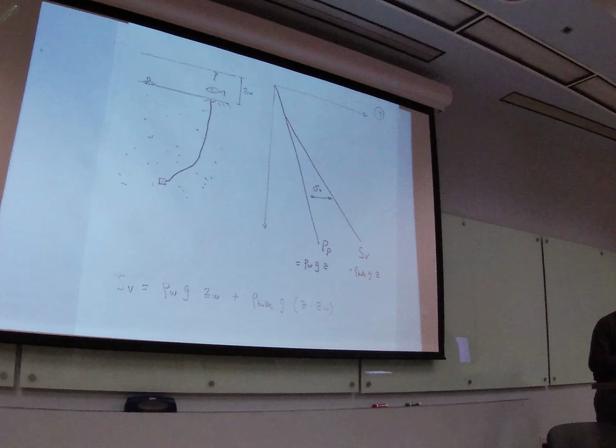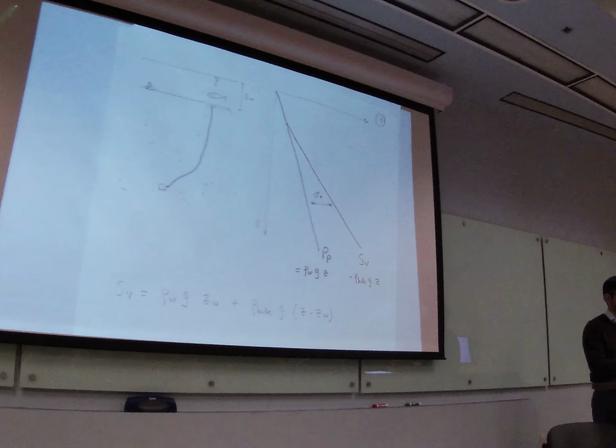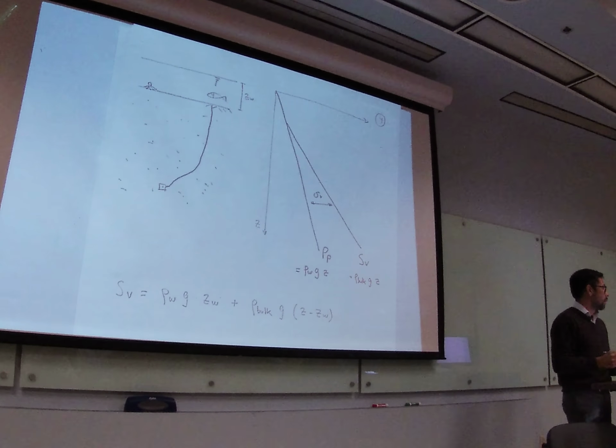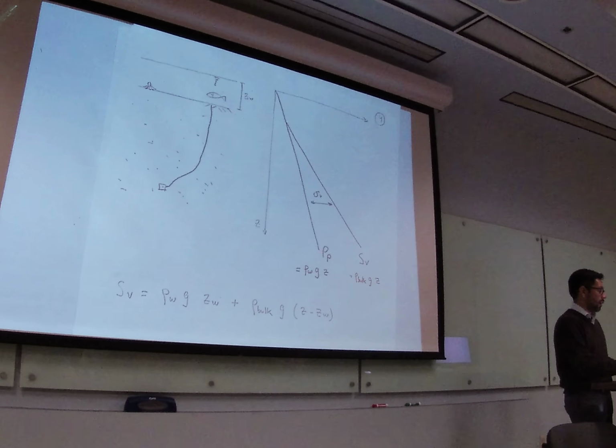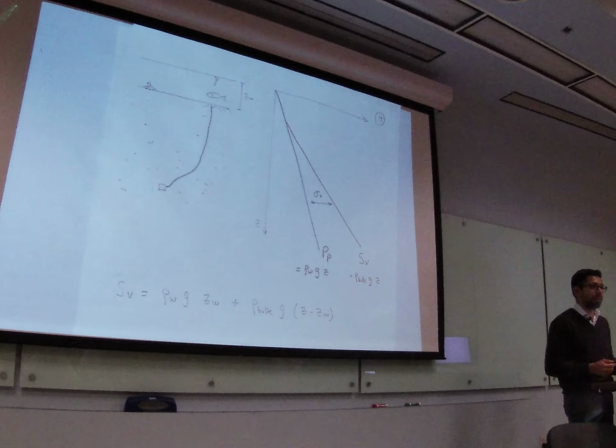It's very important here that you notice that the depth starts at the sea level. It doesn't start at the seafloor. We could also write our equation so that they start at the seafloor, but we're going to see later on that it's much more convenient for that depth to start at the sea level.